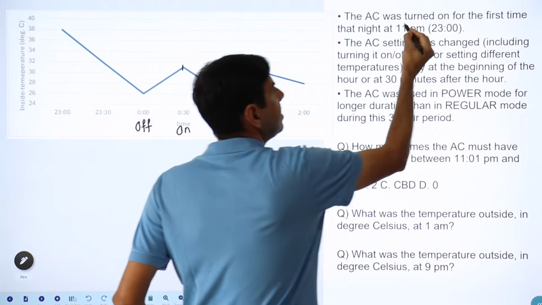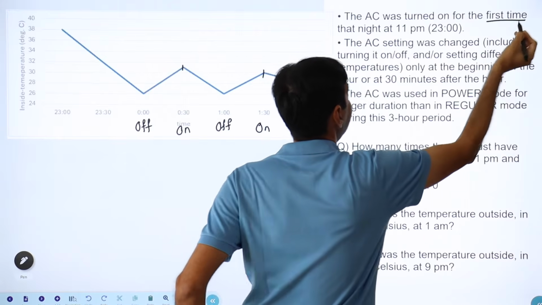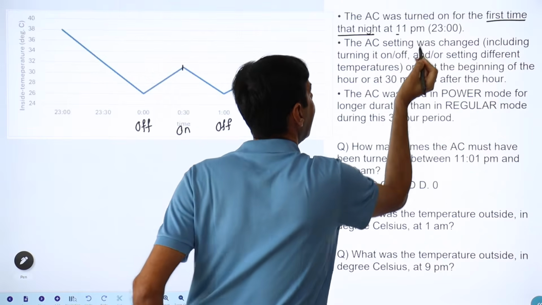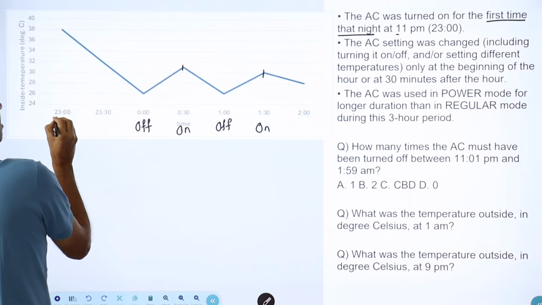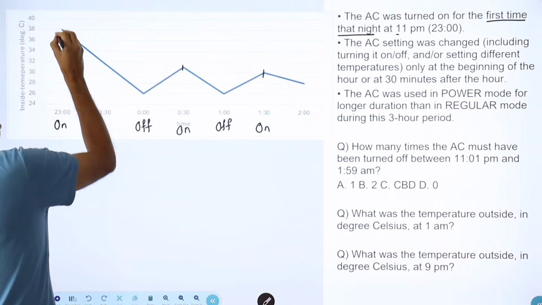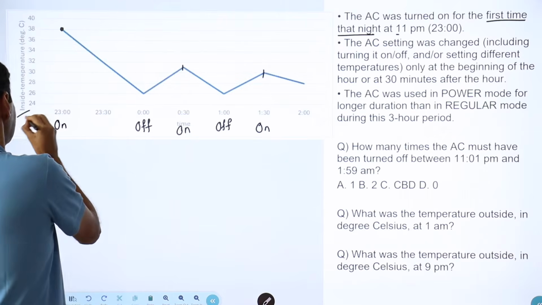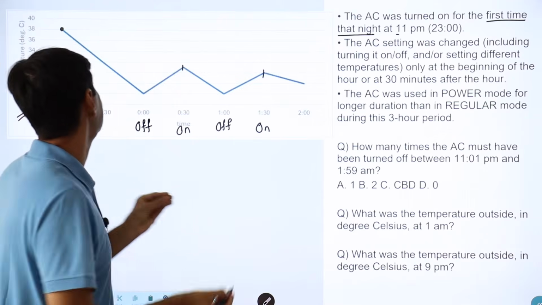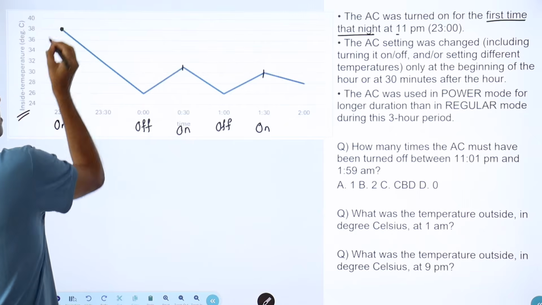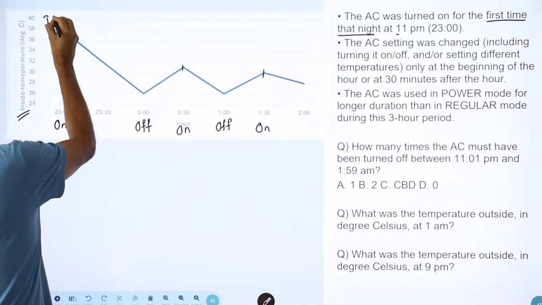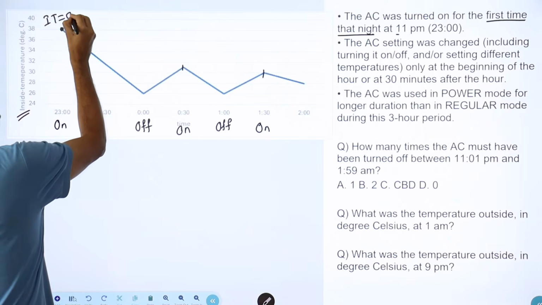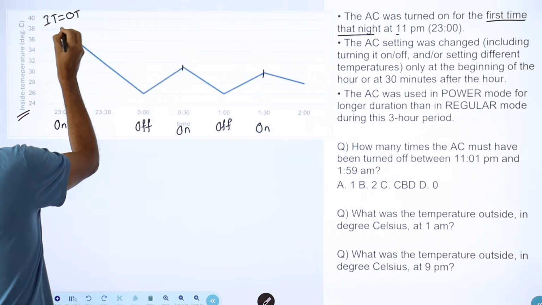Now it says the AC was turned on for the first time that night at 11 p.m. So this is the first time it is turned on. So right now the inside temperature, 38 degrees, is the same as the outside temperature.